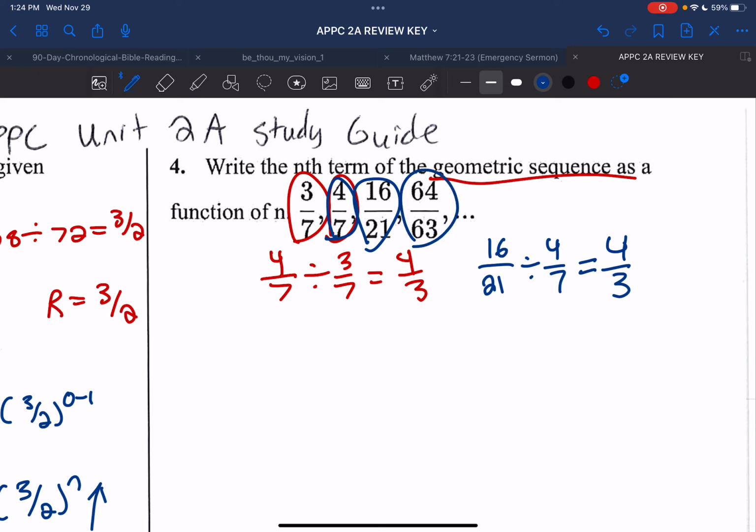And then you could take these two again if you wanted to make sure, but here that's enough evidence to say that that is 4/3. Especially because it tells me it is a geometric sequence. If it didn't tell me which one it was, I'd probably check it a third time just to make sure, but that gives me my ratio.